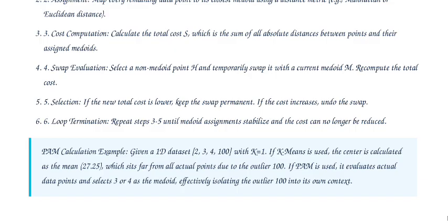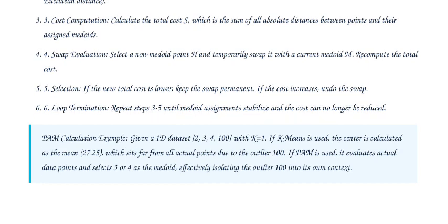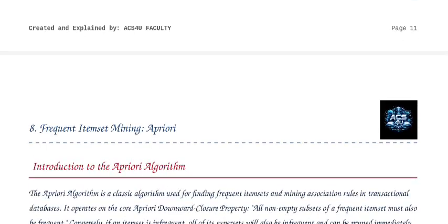If k-means is used, the center is calculated as the mean 27.25, which sits far from all actual points due to the outlier 100. If PAM is used, it evaluates the actual data points and selects 3 or 4 as the medoid, effectively isolating the outlier 100 into its own cluster.